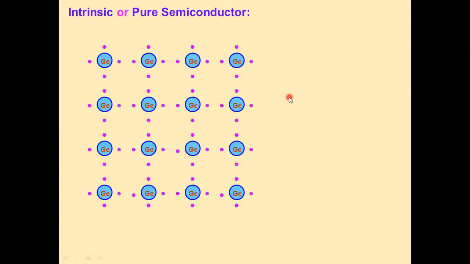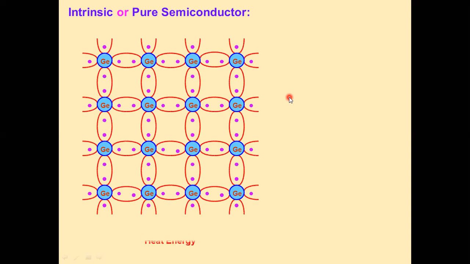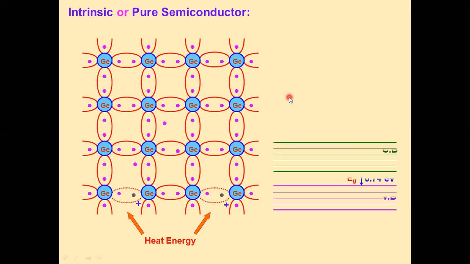When the semiconductor is in a completely pure form, it is known as an intrinsic semiconductor. For example, silicon and germanium are intrinsic semiconductors.